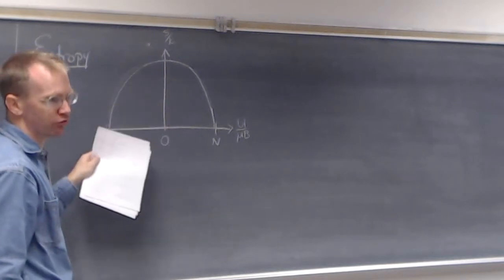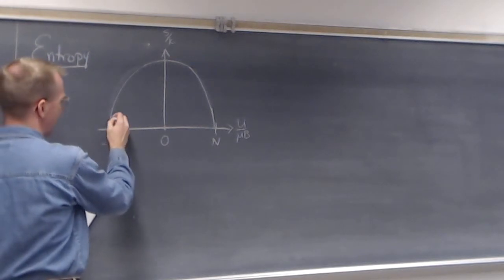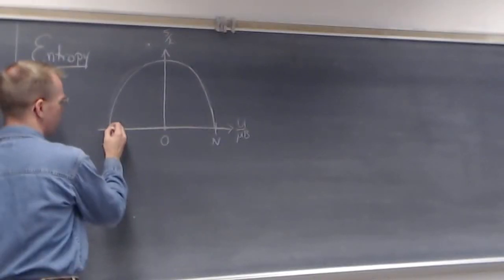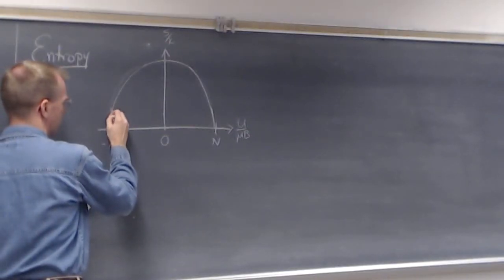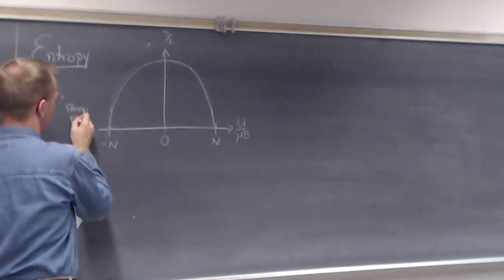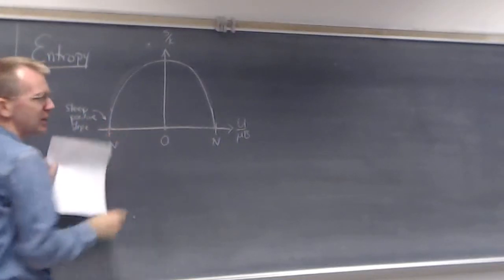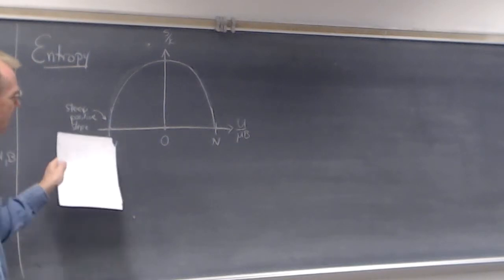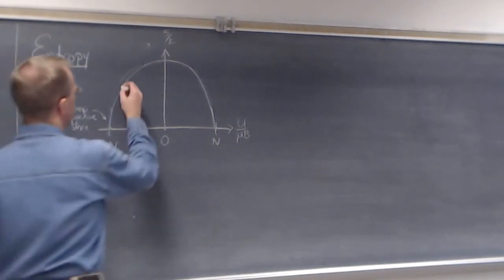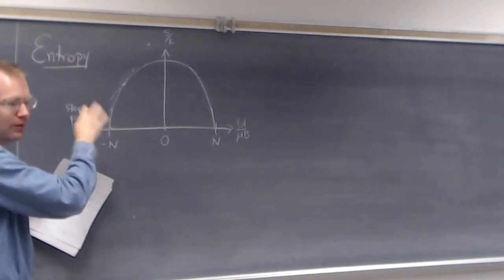Looking at the slope of entropy with respect to energy at the lowest energy, you have a very steep slope, steep with a positive slope. As you increase the energy, it becomes more shallow, but still positive.